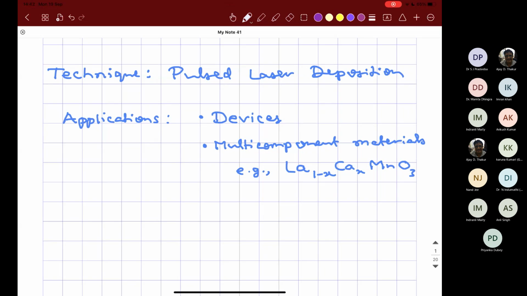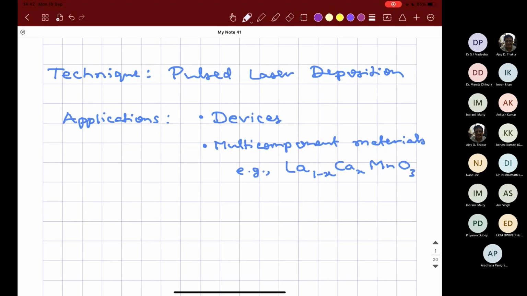And not only that, to further improve this system, people also come up with things like another rare earth, so this is y, this is 1 minus x minus y, and then they have a CaX MnO3.